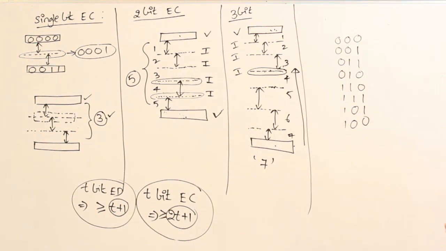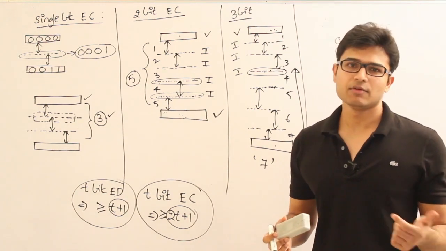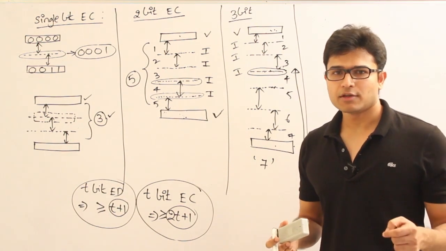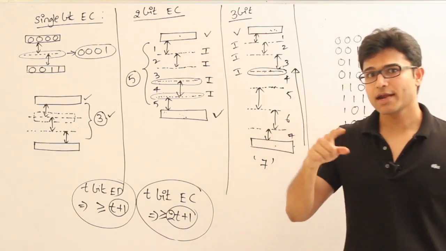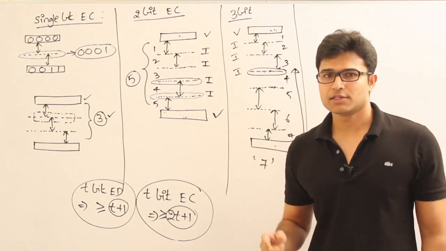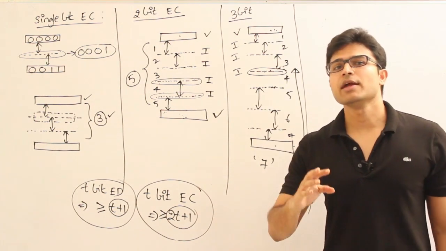Now I want to increase it. One way to increase it is to increase the number of bits in the code by adding a bit called a parity bit. Generally parity is of two types. Some people use even parity and some people use odd parity. Even parity means we add a bit in such a way that the total number of ones in that pattern is made even.